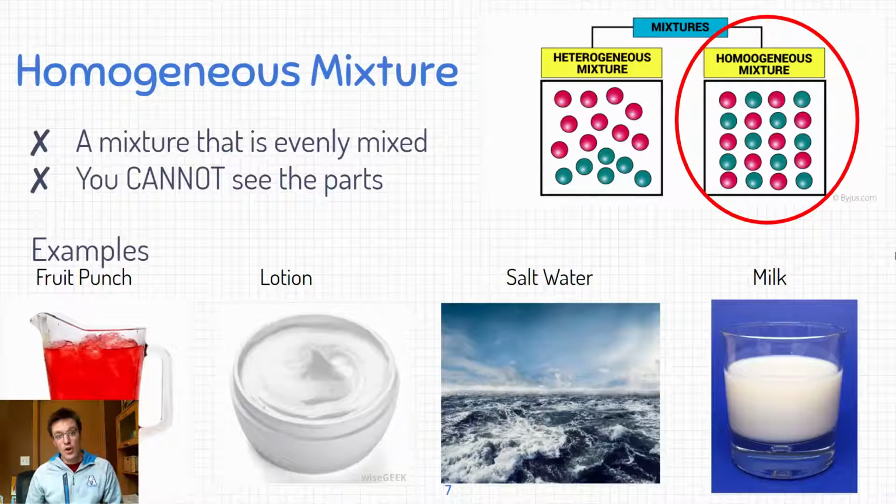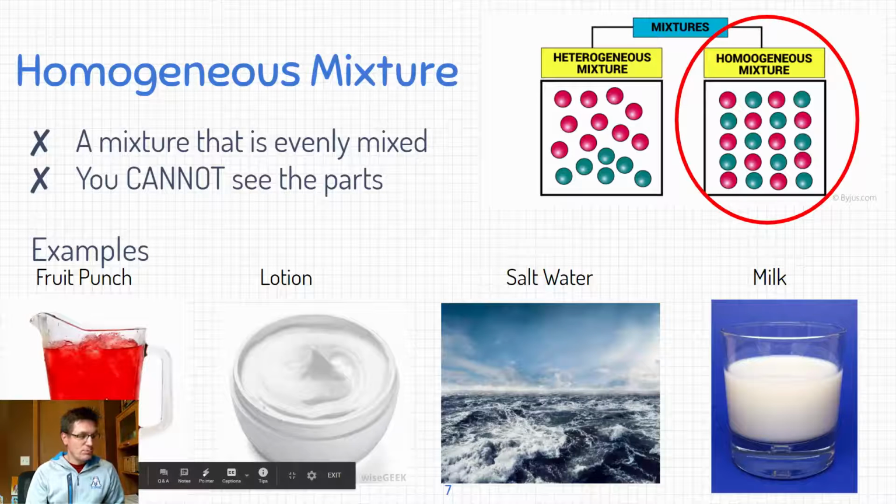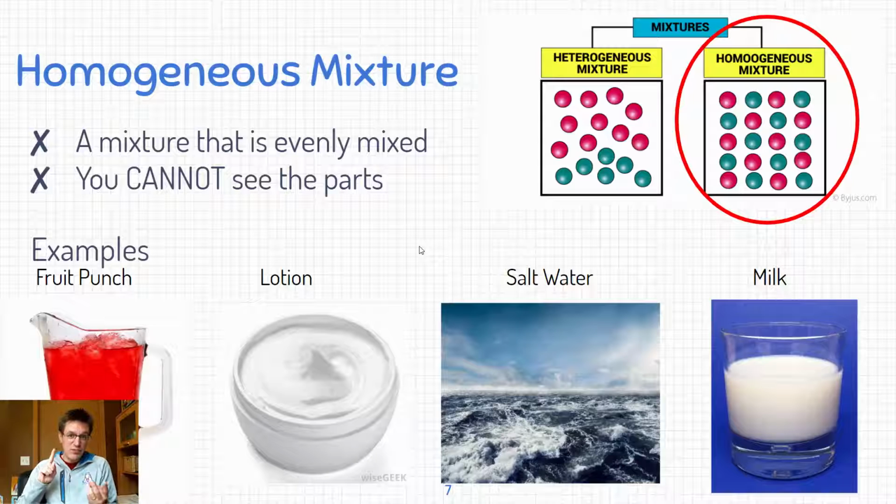Homogeneous, okay, homo means same. That's a prefix. Have you ever wondered why homosexual is the way it is? Homosexual, same sex. Homogeneous mixture, same phase. It's evenly mixed. You can't see the difference between the two parts. So like this fruit punch pitcher, it's a mixture, right? There's sugar, there's flavor, there's water, different things in there, but you can't really see the difference between those three. It's all one phase.